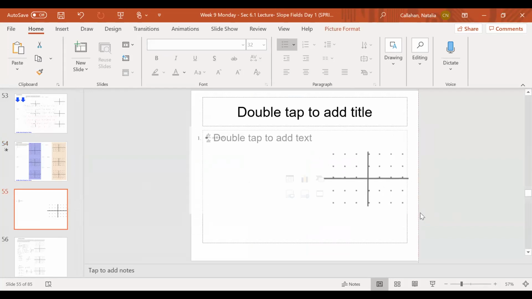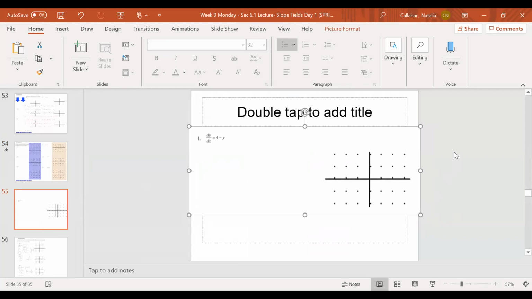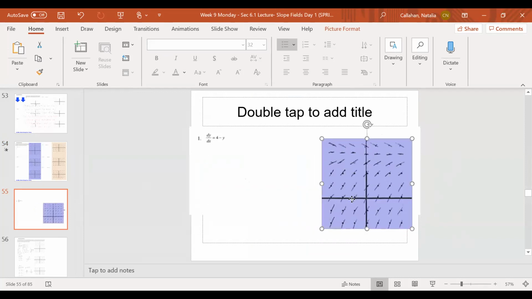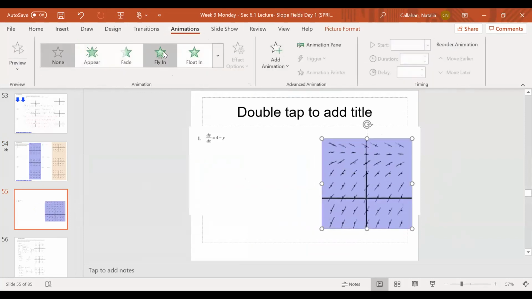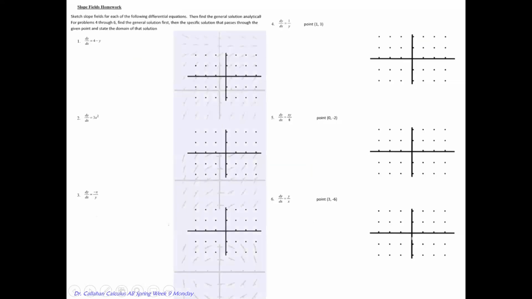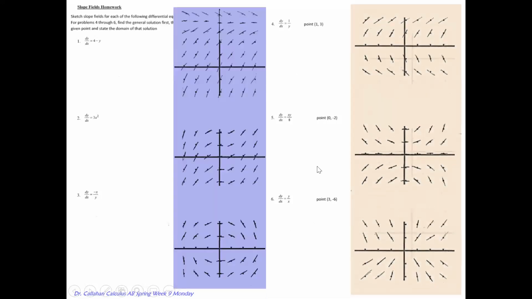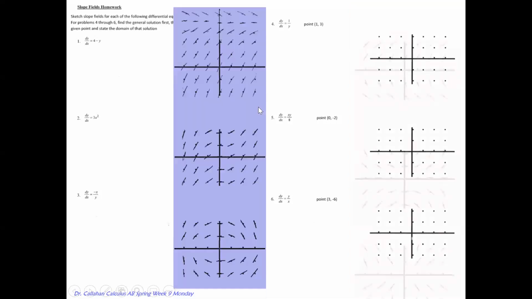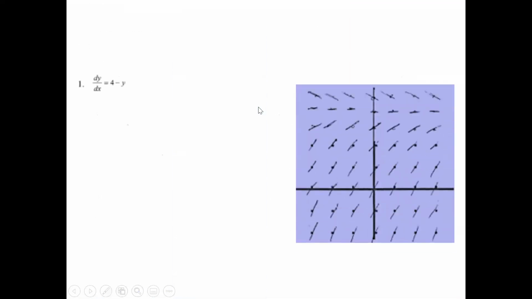Okay, so at this point, you should be almost done with number one in terms of drawing the slope fields. So let's take a look at this then. Here are the slope fields for all 6 of them. Specifically for number one, this is what it should look like.